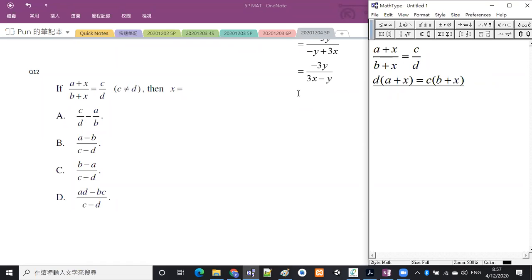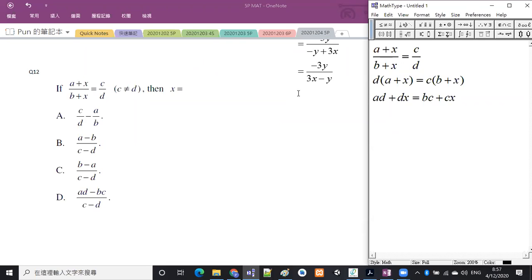So we have cleared the denominators now, and then we need to clear the brackets also. So multiply the D. So AD plus DX is equal to BC plus CX.